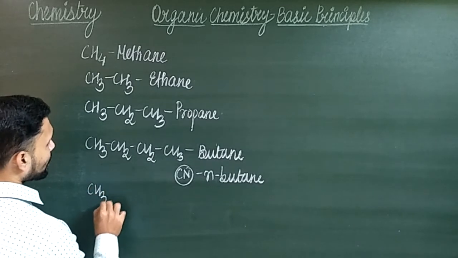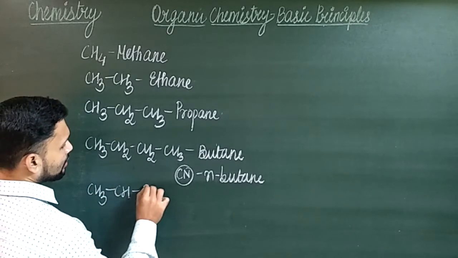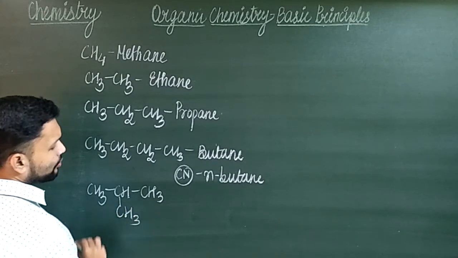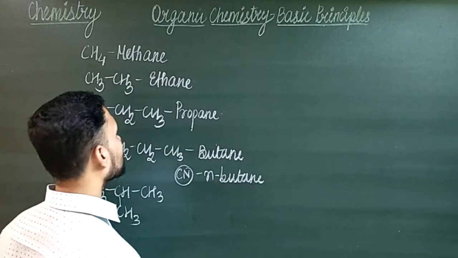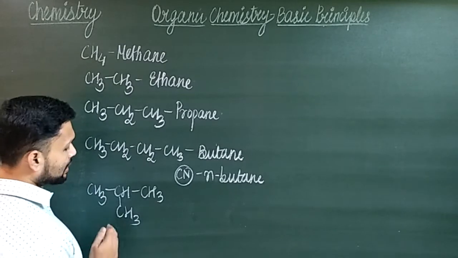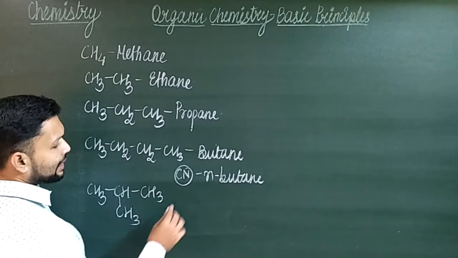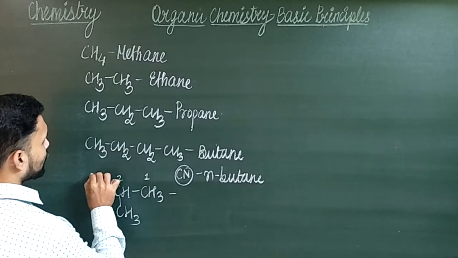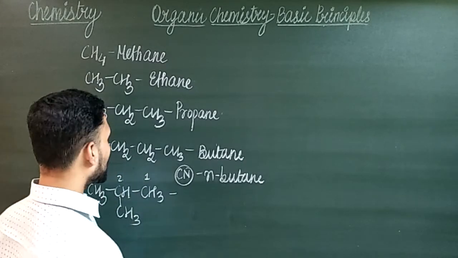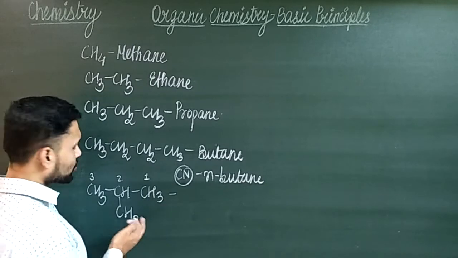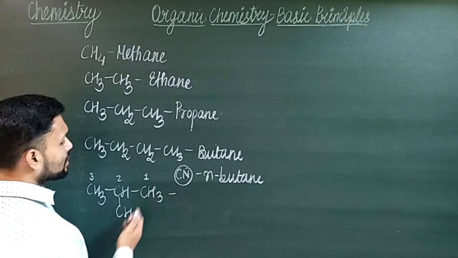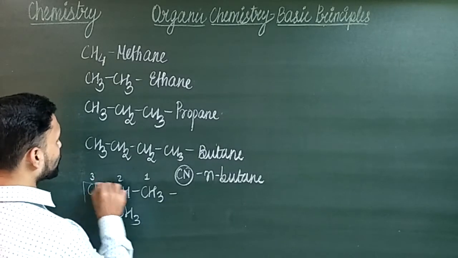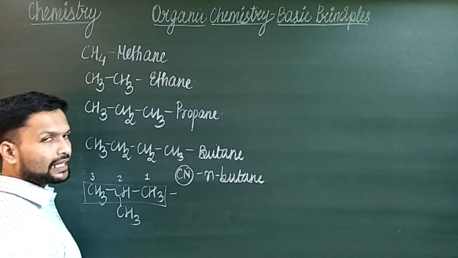One more organic structure is possible when the compound consists of 4 carbons, this one. While naming the IUPAC name, we look for the longest chain. We have a 3 carbon chain. You can go from either side because the branch is in the middle, so I can take 1 2 3 or 1 2 3. It's one and the same because from both sides the branch gets the same number.